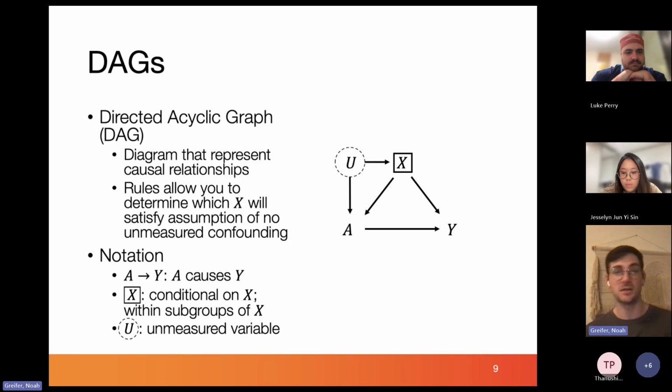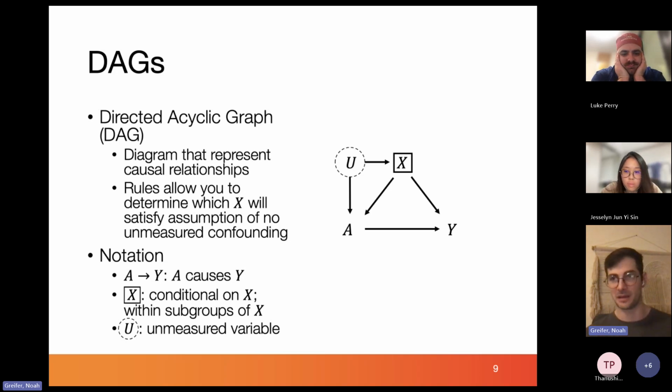Here's some brief notation, but DAGs essentially only have a few components. An arrow between two variables just means that one variable causes the other. So A with an arrow pointing to Y means A causes Y. A box around a variable means we are imagining the system within subgroups of that variable, or said again, conditional on that variable.